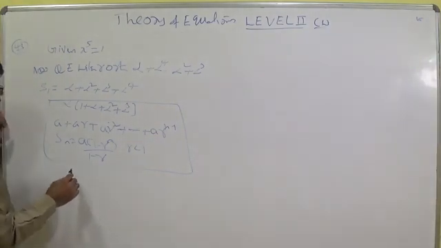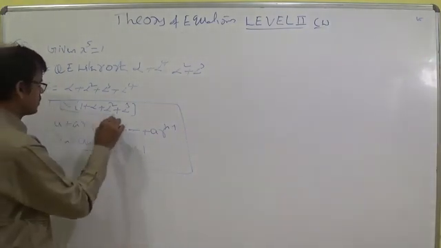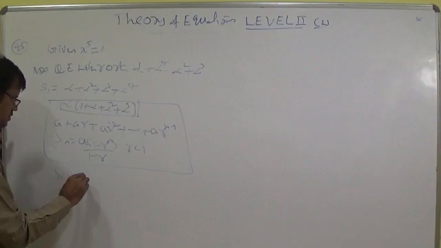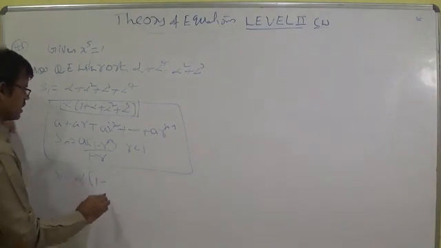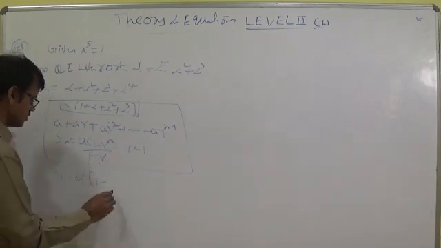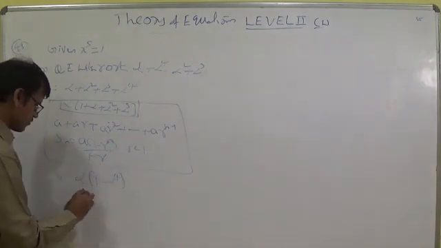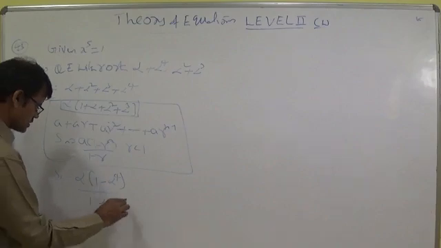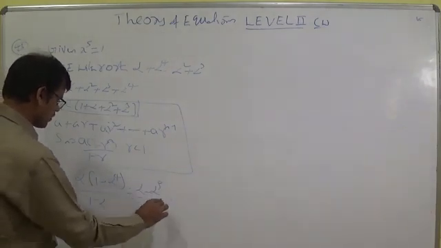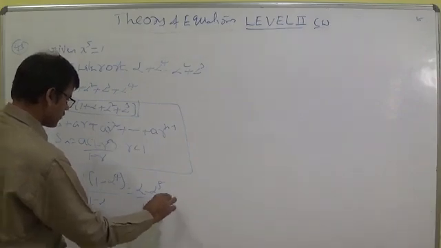Now you can understand alpha into this one. So alpha into S1 I am writing. S1 meaning sum of roots. S1 is equal to alpha into 1 minus R power n by 1 minus R, that is alpha power 4 by 1 minus alpha. Now write here alpha minus alpha power 5 by 1 minus alpha.